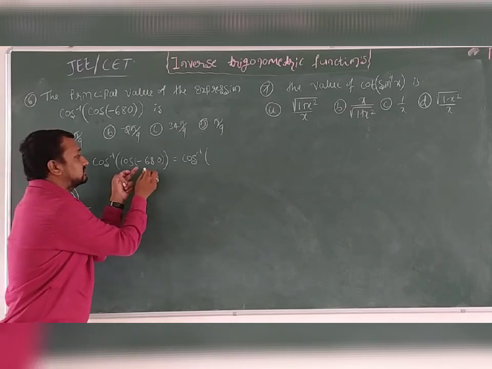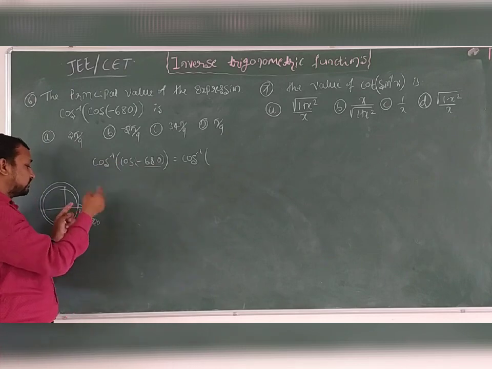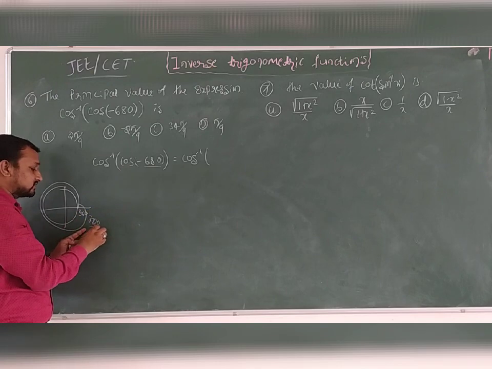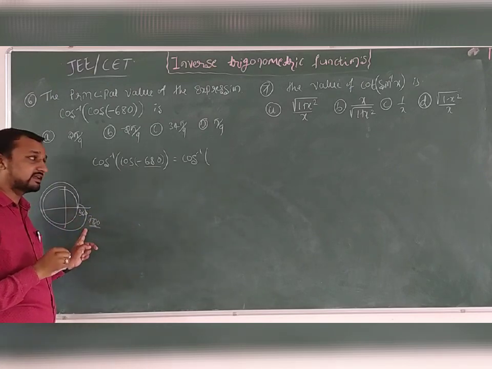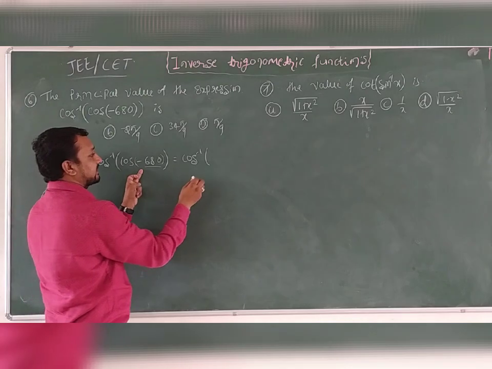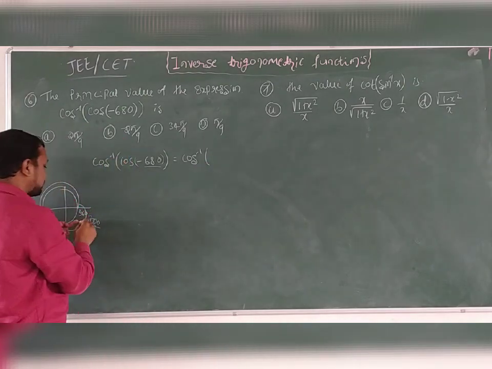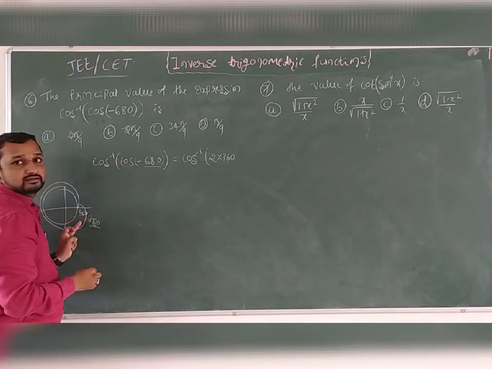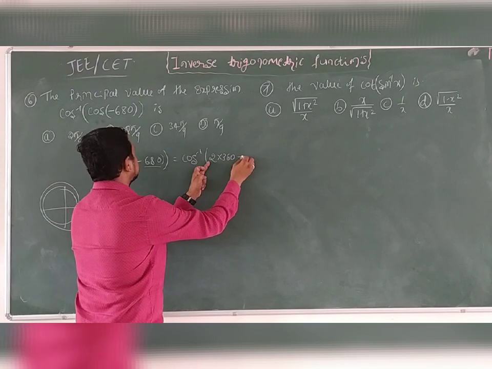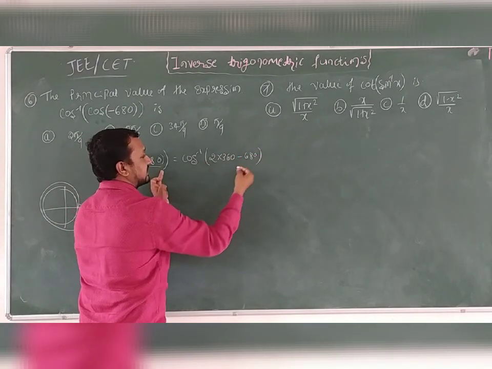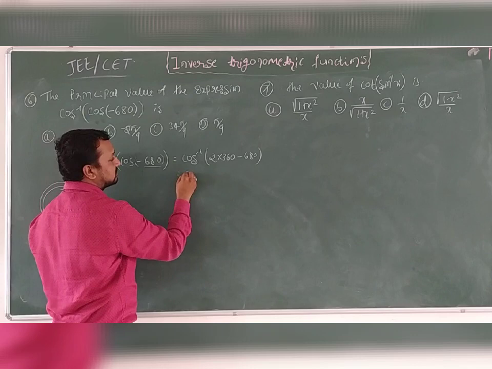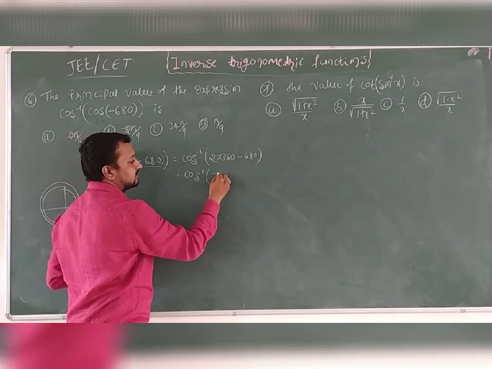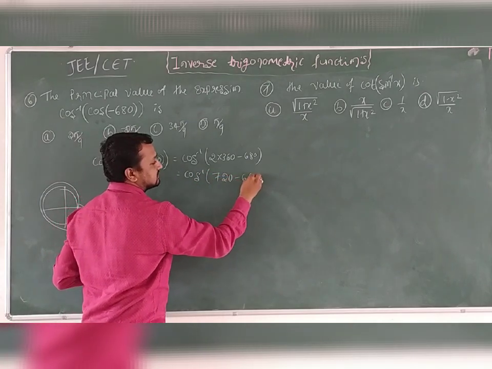We can check this value should be near about which revolution, either 360 or 720. This is near to 720, meaning the second revolution. Is that clear? So I can write this function with two revolutions. One revolution is 360, two revolutions is 720, minus 680. Cos inverse of cos of 720 minus 680.